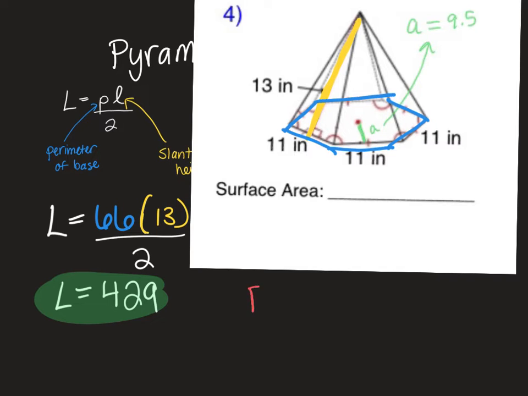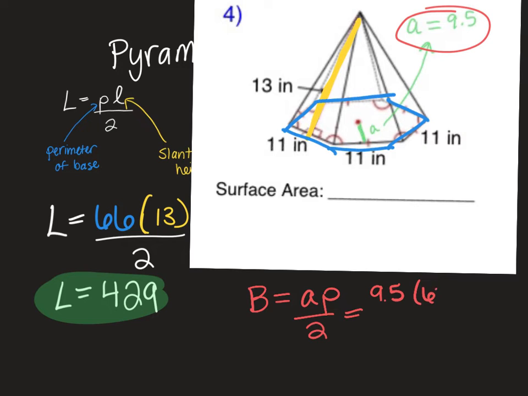So we're finding the area of the base now. So it's AP divided by 2. What's our apothem? That line, 9.5. It's kind of hard to see. So the apothem is 9.5. What's our perimeter? 66. We already found that. Divided by 2.